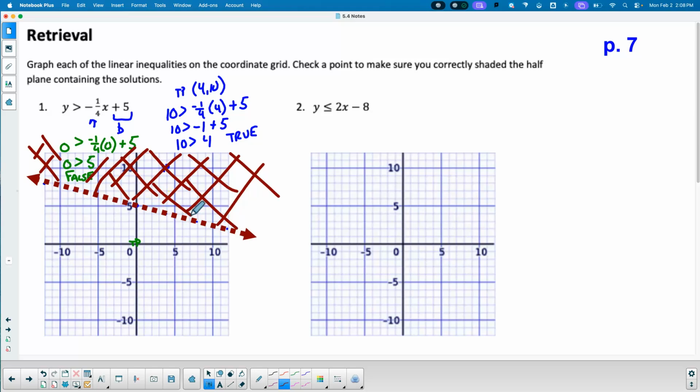I don't understand what you mean, like the true and false thing. Is 0 bigger than 5? No. That's why it's a false statement, right? Okay. Is 10 bigger than 4? Yeah, so that's a true statement. So we take a point somewhere, it can be anywhere that we want, we get to pick it.